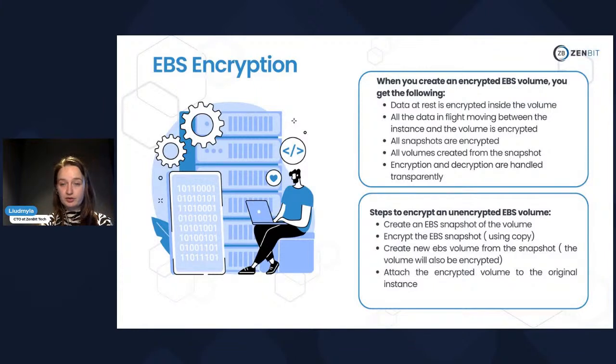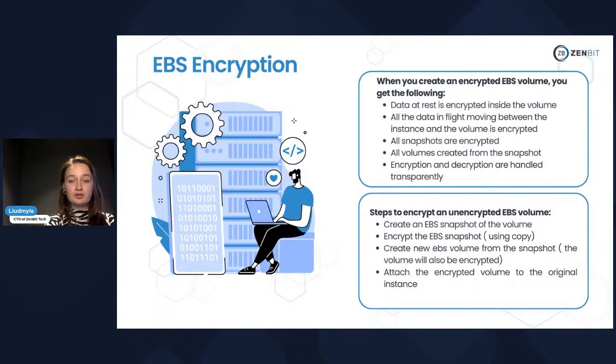Also, all snapshots are encrypted, and all volumes created from snapshots are encrypted. Also, encryption and decryption are handled transparently, which means that you don't have to do anything. Everything is done behind the scenes, which is very comfortable. Encryption has minimal impact on latency.